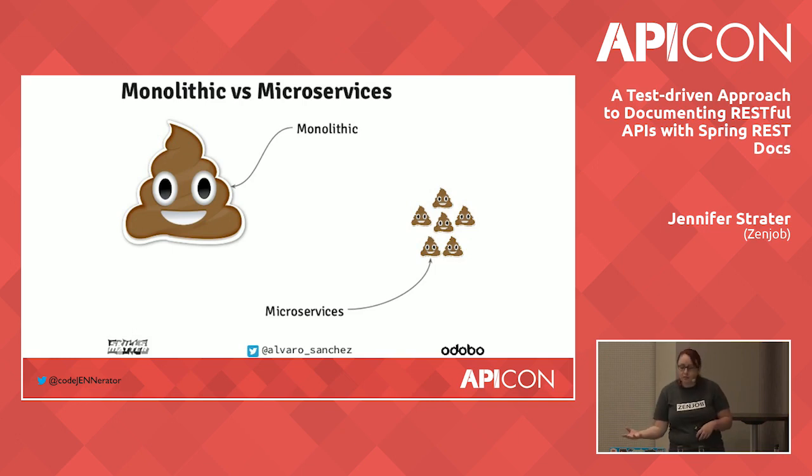In reference to documentation, this means that now instead of having one central place for our documentation to live, we have 5 or more different microservices that all need separate documentation. We wanted a place for those to go, and we now need to show how these services work together.